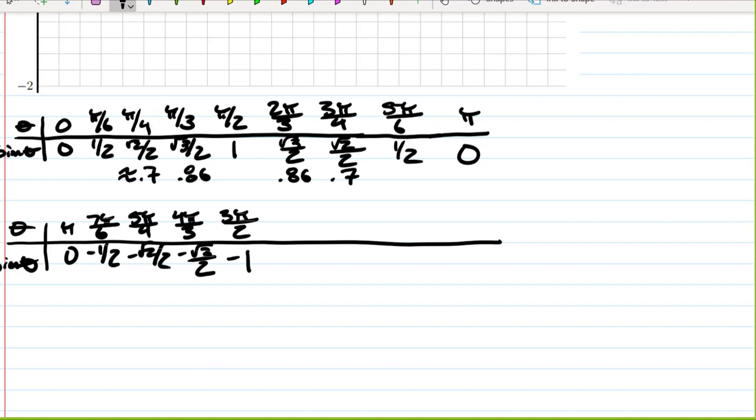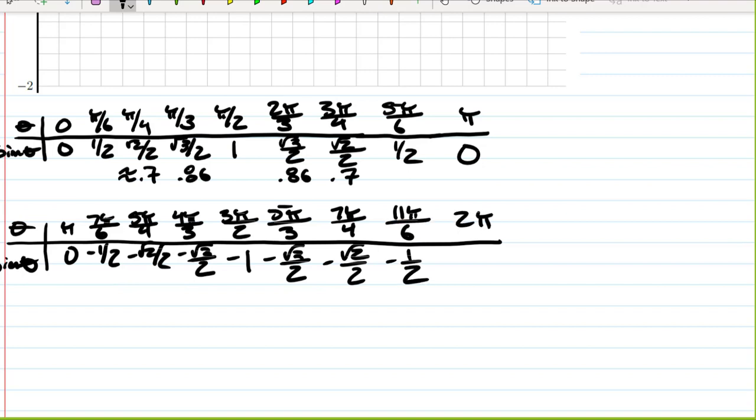At 5 pi over 3, we get negative root 3 over 2. At 7 pi over 4, we get negative root 2 over 2. At 11 pi divided by 6, we get negative a half. And finally, we've come full circle, and we're back to 2 pi, and we get 0 again.